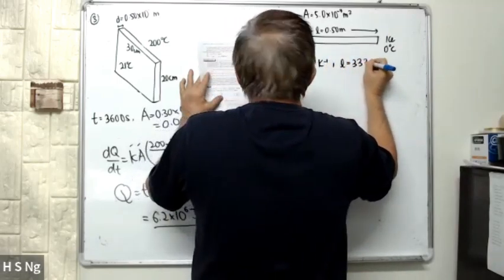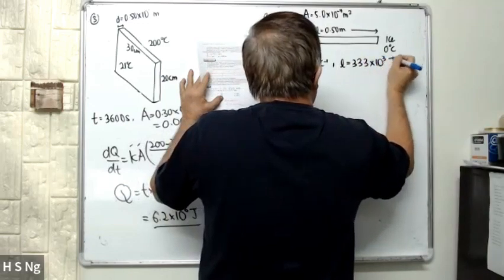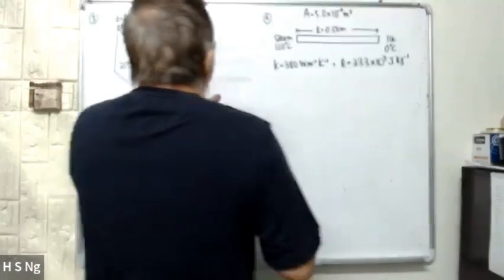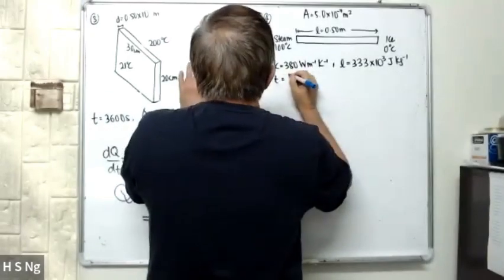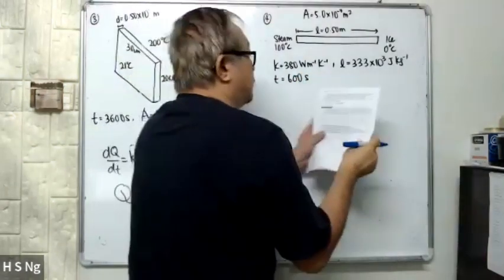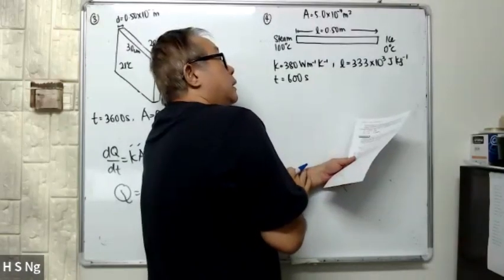Latent heat of fusion. Now find the mass of ice melted in 10 minutes. Of course, you assume it's perfectly lagged, otherwise you cannot calculate.